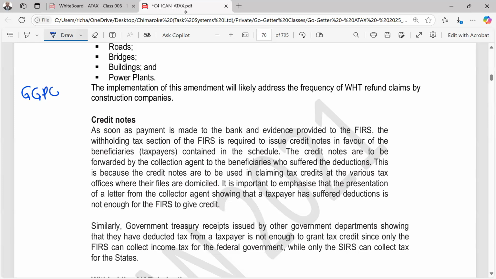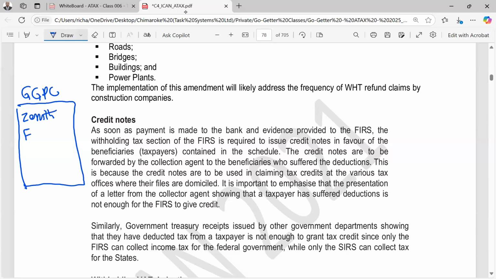I am the one that is paying. I am paying to different people. Now, I provided a schedule for withholding tax, and I list all the people that I paid that are my vendors. Let's say I list Zenith Bank. Zenith Bank is one of the vendors.